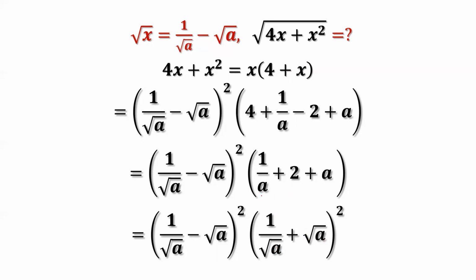So here, first term square, that's 1 over square root of a squared, it's 1 over a. Crossing term, 2 times 1 over square root of a times square root of a, square root of a cancel each other. You only have 2 left. And here, square root of a, then square, that's a.